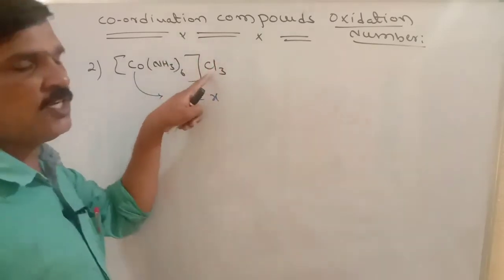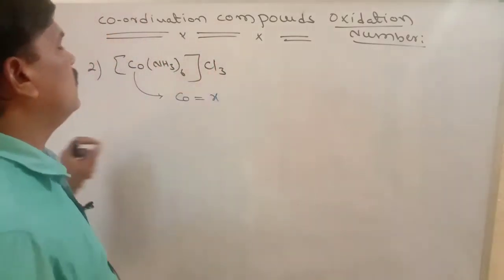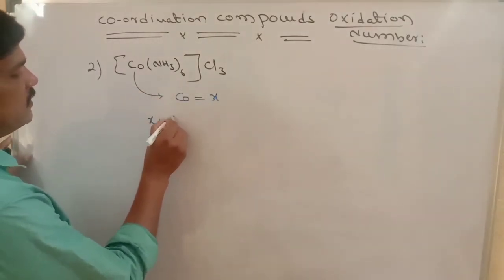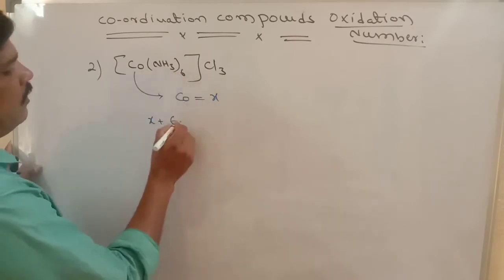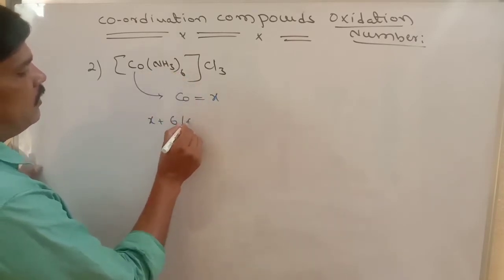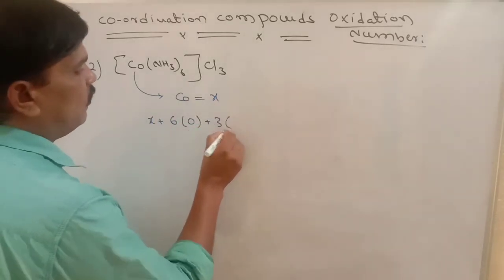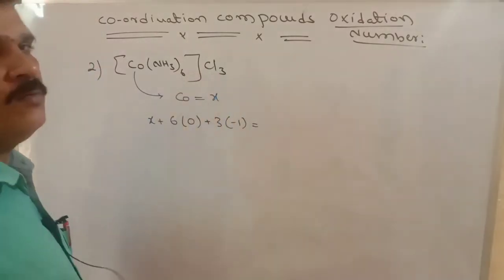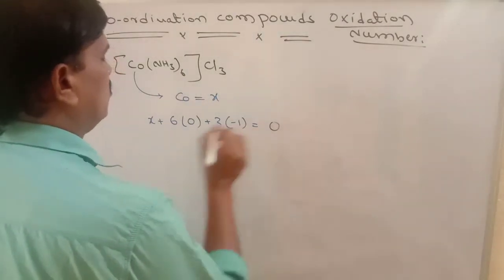Here it acquires a positive charge, so this is a cationic complex compound. So X plus 6 ligands: ammonia is a monodentate neutral ligand, 0, plus 3 chlorines, which are monodentate negative ligands, equal to 0.